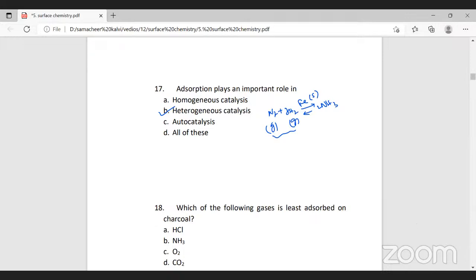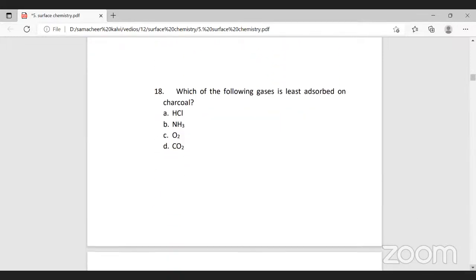The next one. Which of the following gases is least adsorbed on charcoal? Hydrogen chloride, ammonia, oxygen, carbon dioxide. Hydrogen chloride, ammonia, carbon dioxide, these all are easily liquefiable gases.